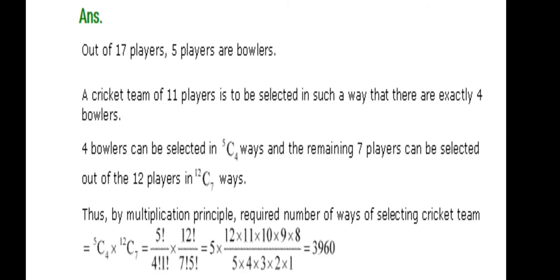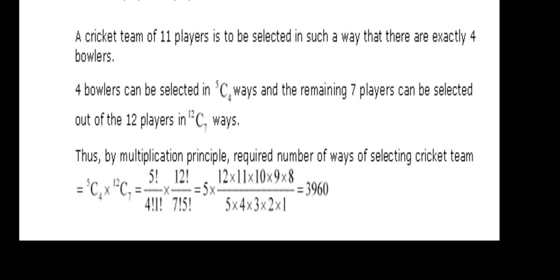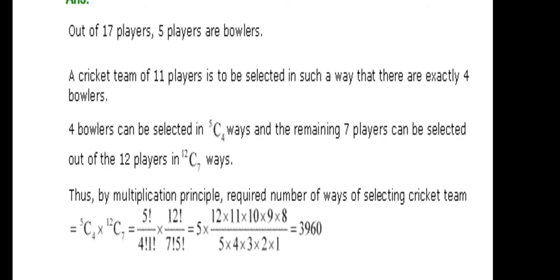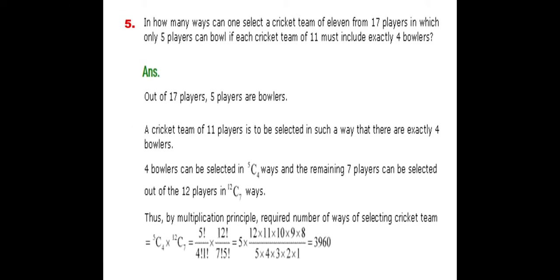So by multiplication principle, we can write the total number of ways of selection of 11 players will be 5C4 into 12C7. So factorial 5 by factorial 4 into factorial 1, into factorial 12 by factorial 7 into factorial 12 minus 7, which is 5. So students, after cancellation of the factorials, we will get the answer 3964.